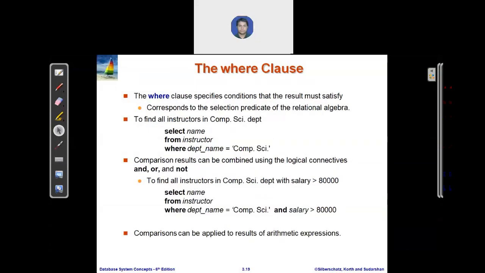The next is the where clause. In the where clause, you can pass the condition or predicate on which you are retrieving the record from the table. Suppose you can see one query here on your screen: find all instructor names in the computer science department. Means you want to find the names of instructors of the computer science department. So what query will you write?